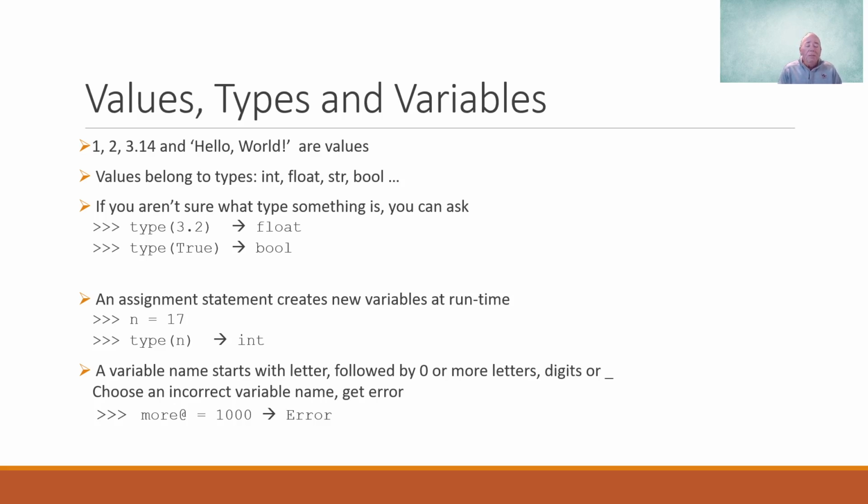The error is simply that it's an invalid variable name. Remember, we said that it could be letters and numbers. It's got to start with a letter, and it does. It can have any number of letters or digits or the underbar character.